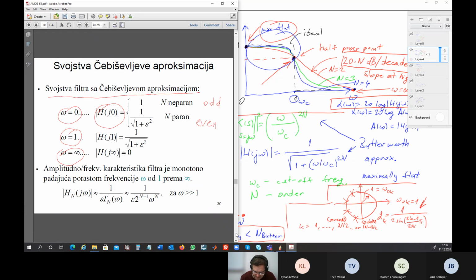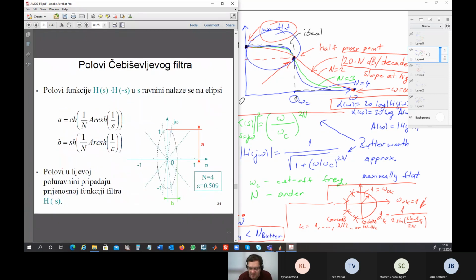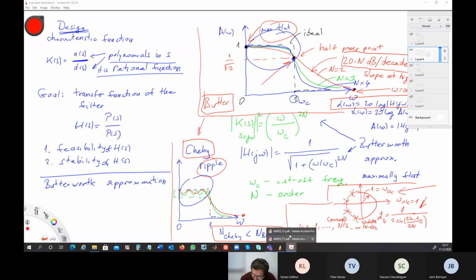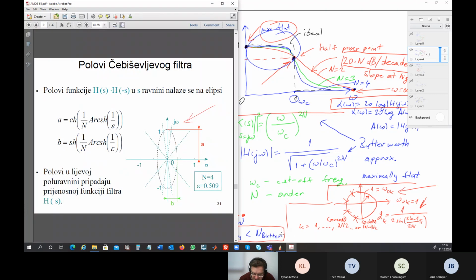Okay? Here are the poles. The poles of Chebyshev here on the left, and if you compare with the poles of the Butterworth here on the right, these on the left are on the ellipses. And those here on the right of the Butterworth are on the circle. So you see it now. Okay.